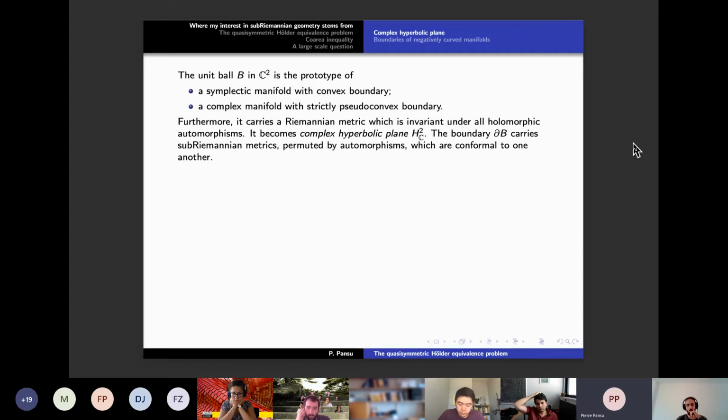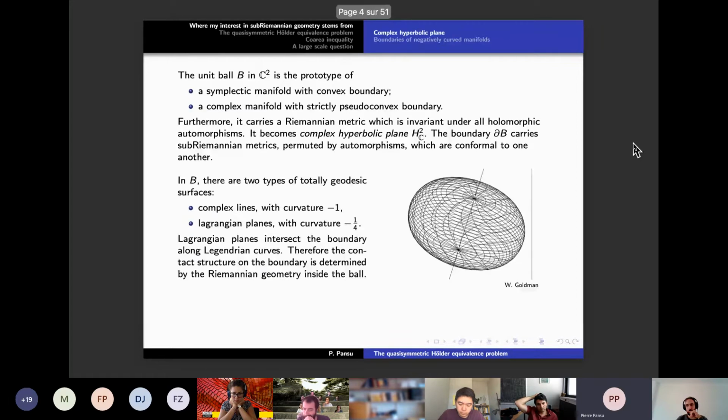Well, let's go a bit deeper into the geometry of that complex hyperbolic plane. It contains plenty of remarkable two-dimensional surfaces which are totally geodesic.